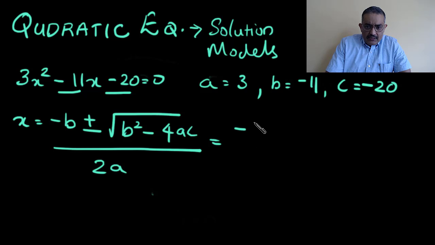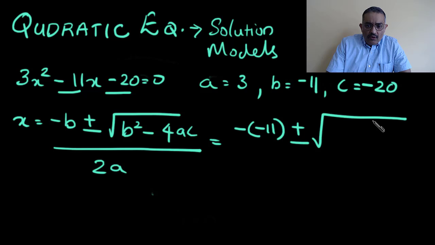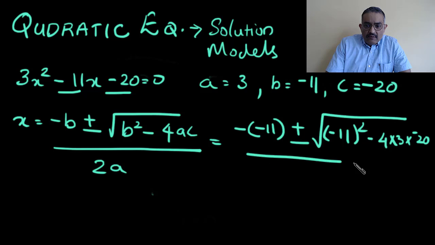So let's apply it here. It's the negative of negative 11, since b is actually minus 11, so minus of that, plus or minus the square root of b squared, so negative 11 squared, minus 4 times a, that is 3, times negative 20, all divided by 2a, that is 2 times 3.